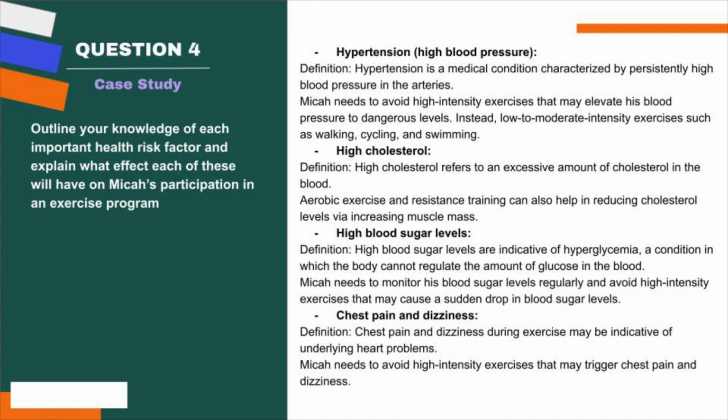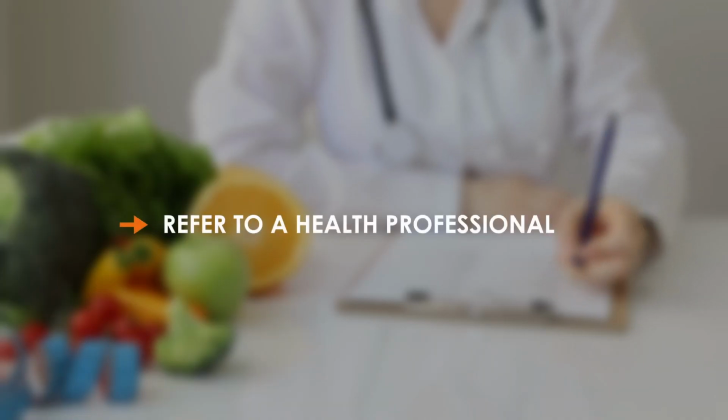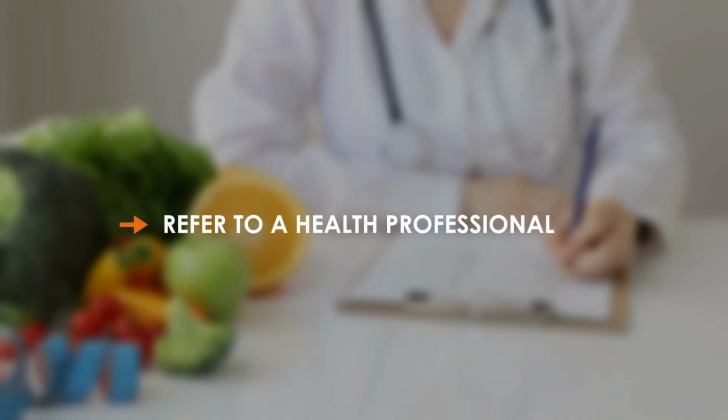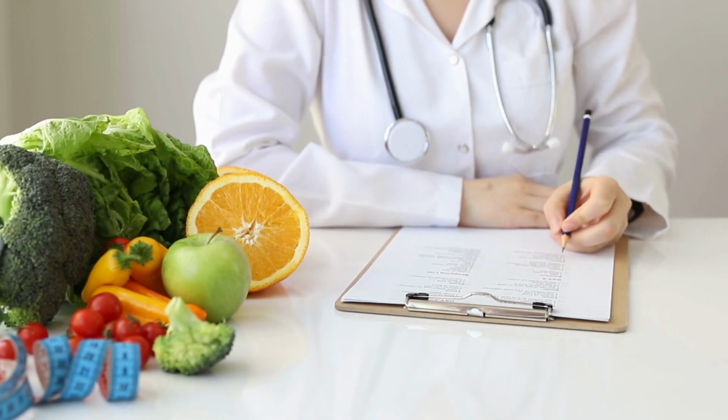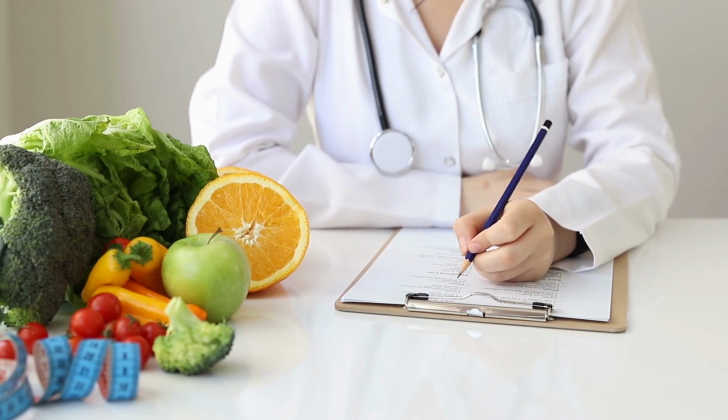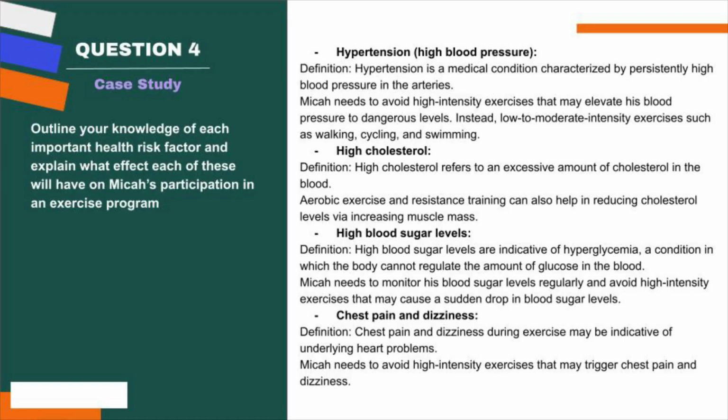We also need to think about if he's on any medication, because some medications can affect what he does during his exercise program and vice versa. So making sure that we refer out and have some line of communication with an allied health professional of his choice, or someone that has expertise with that condition, is super important.